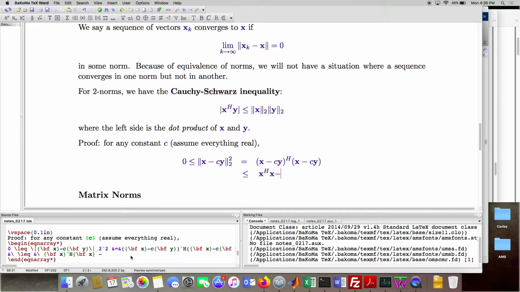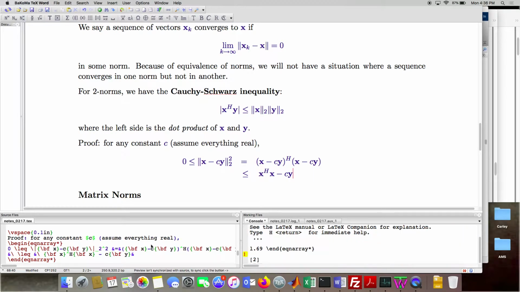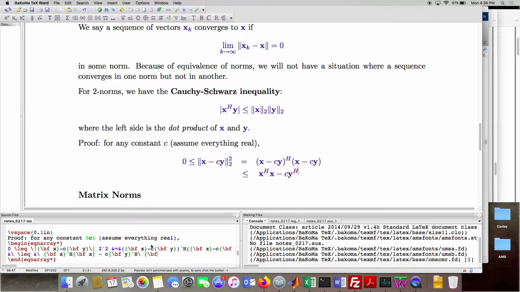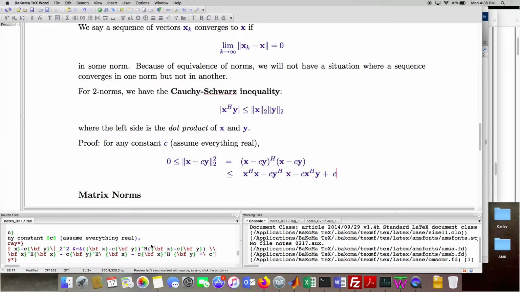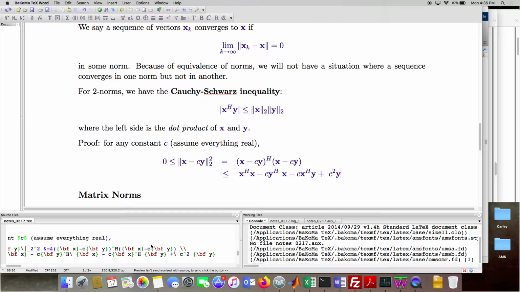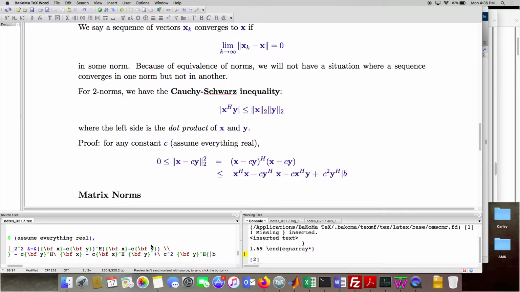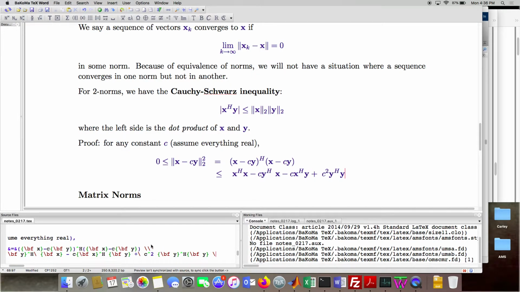Otherwise, this won't work as nicely as I want. So I'm going to have C y Hermitian transpose x minus C x Hermitian transpose y plus C squared Hermitian transpose of y with itself.